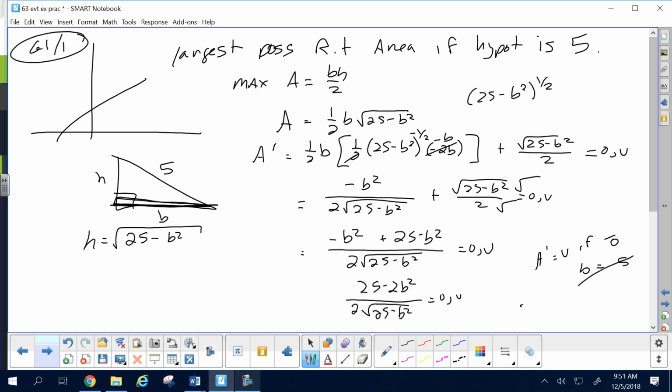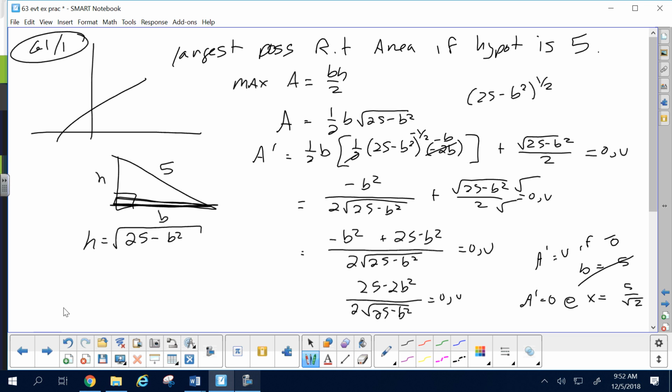That's a no. A prime equals 0 at b equals, solve that equation mentally, please, for b. 5 over 2 or root 2? Root 2. 25 over 2 square rooted would be 5 over root 2. I wouldn't do plus or minus in this case because it's a geometry problem. There's no negative base kind of thing going on here.